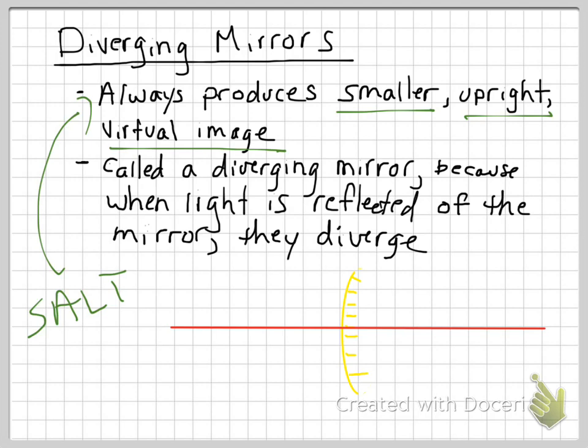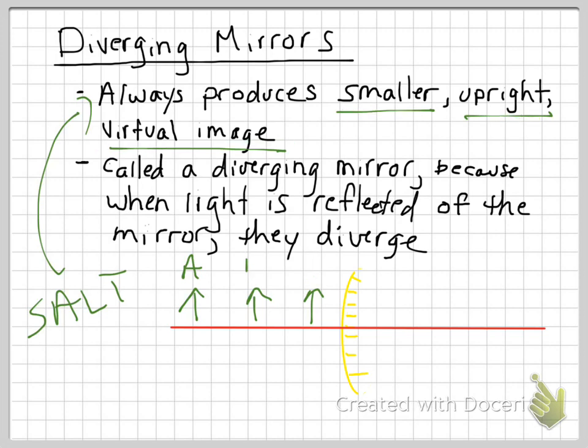Doesn't matter where the object's located. If I put the object here, or here, or here, position A, position B, or position C, they will always produce smaller, upright, and virtual images.